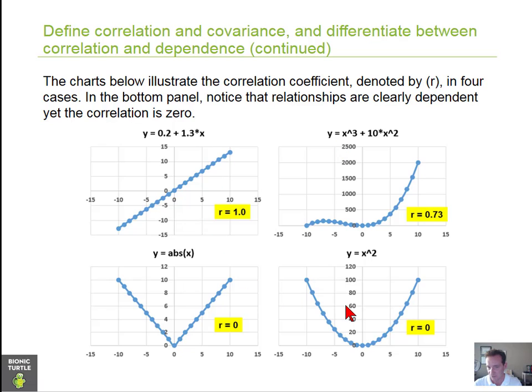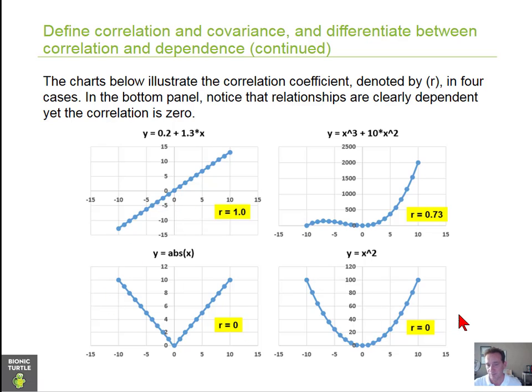Notice visually, I think we can agree that in all four cases there is dependence or some relationship between x and y. In this case here, it's a perfect relationship because I'm just plotting a simple equation. Y is a function of x, and the correlation coefficient here is a perfect 1.0. So that's a perfect correlation. They are correlated and they are dependent.